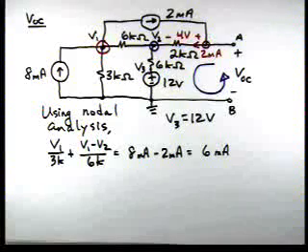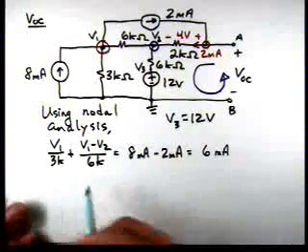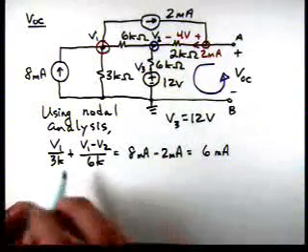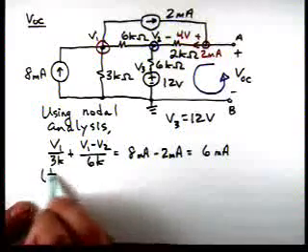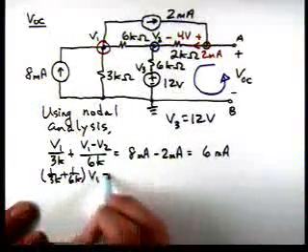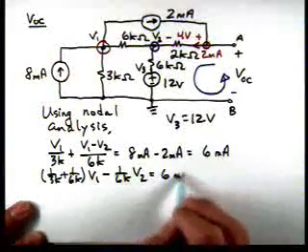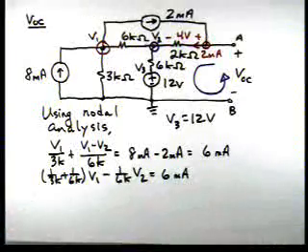Okay, so we can simplify this equation. If we'd like, we could write it as 1 over 3K plus 1 over 6K times V1 minus 1 over 6K times V2 is equal to 6 milli.